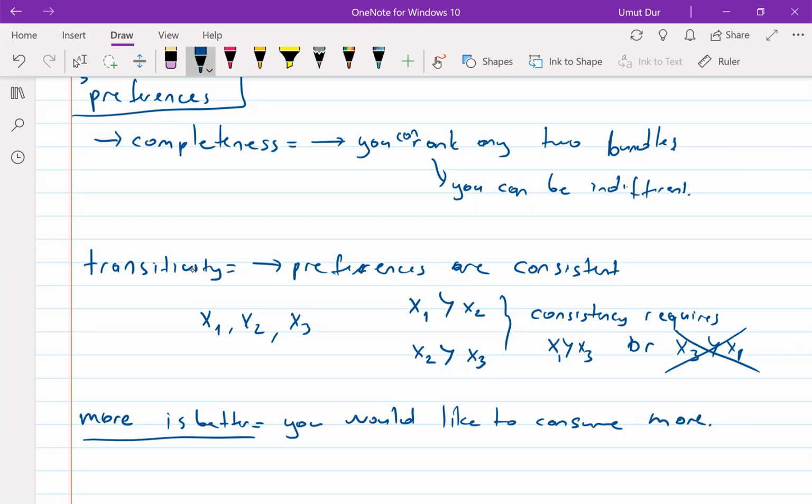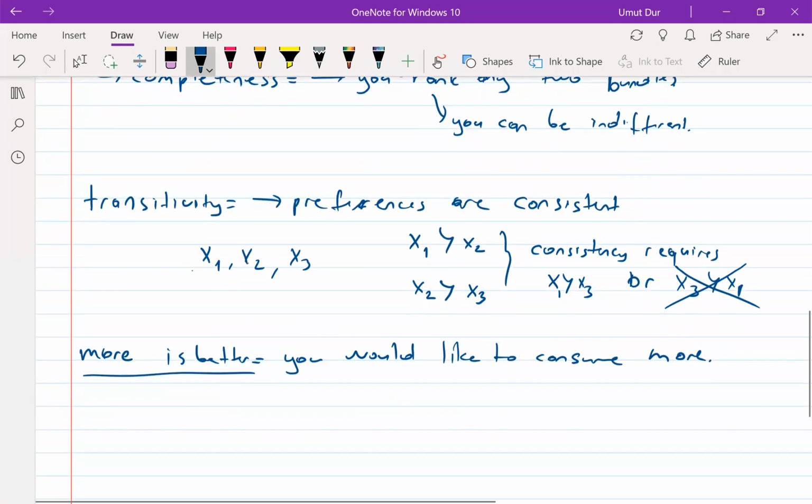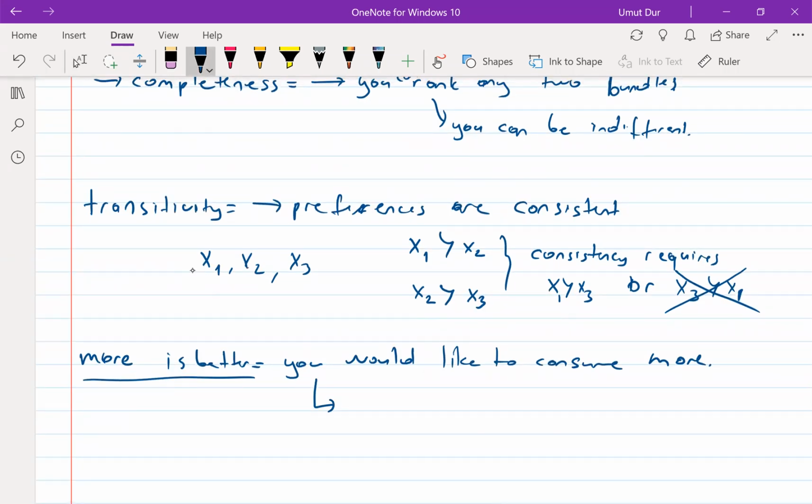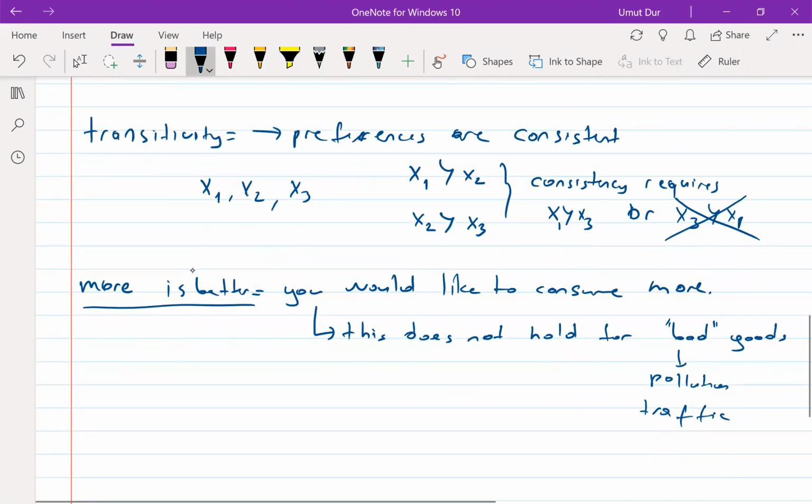Of course this does not hold for bad goods, for example, pollution, traffic, etc.